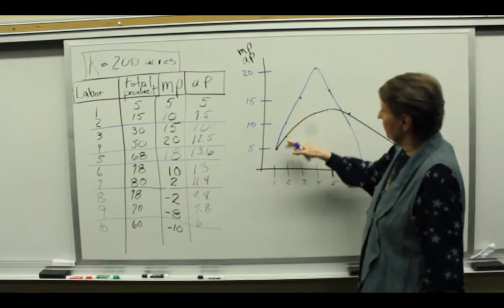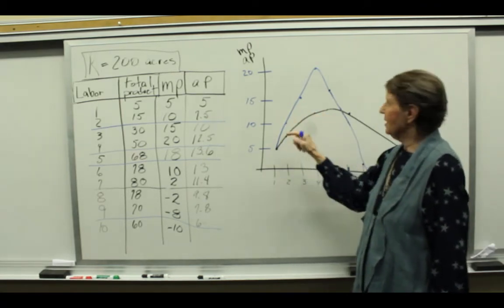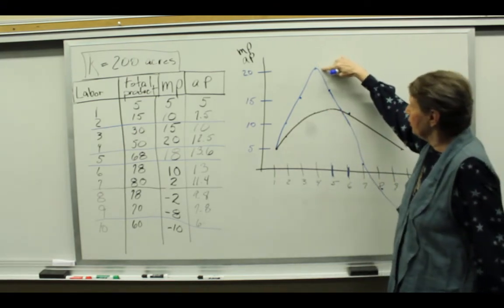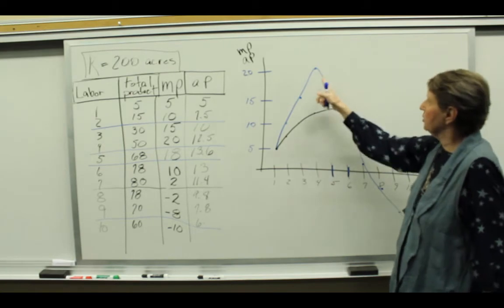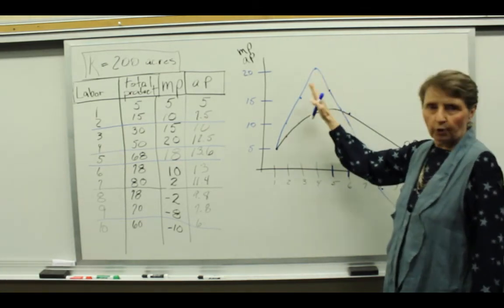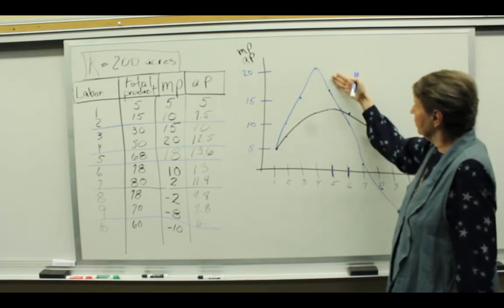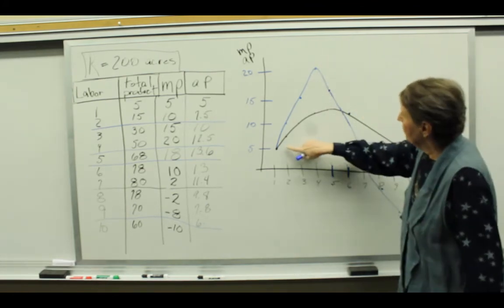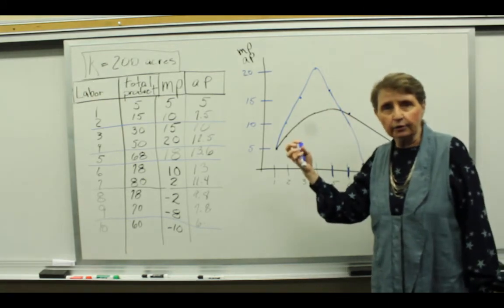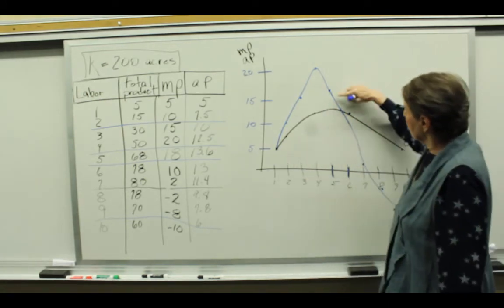So marginal is above average, so it's going to pull the average up. It continues to pull the average up even when marginal starts to diminish. You know, diminishing marginal productivity sets in here after the 4th worker. So when we add the 5th worker, marginal product begins to diminish. But what you will notice is it's still above the average. And so it's going to pull the average up.